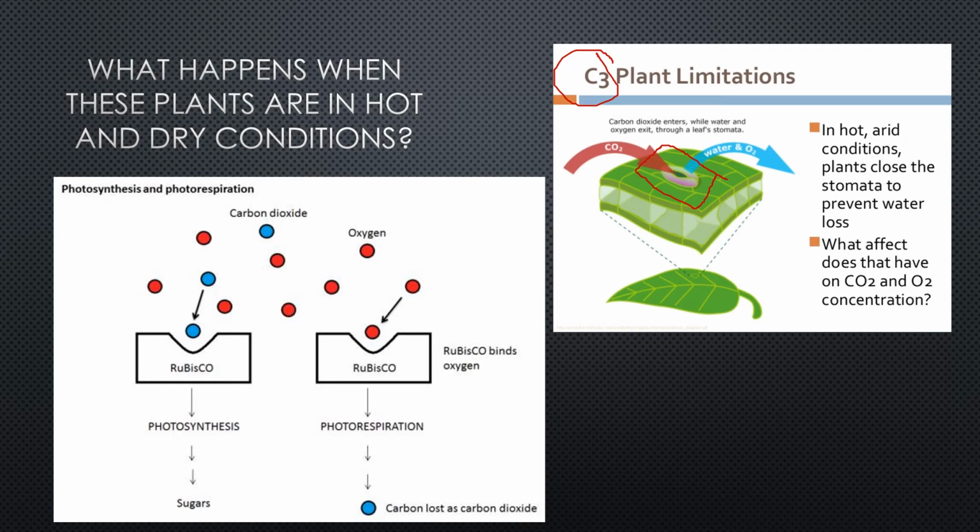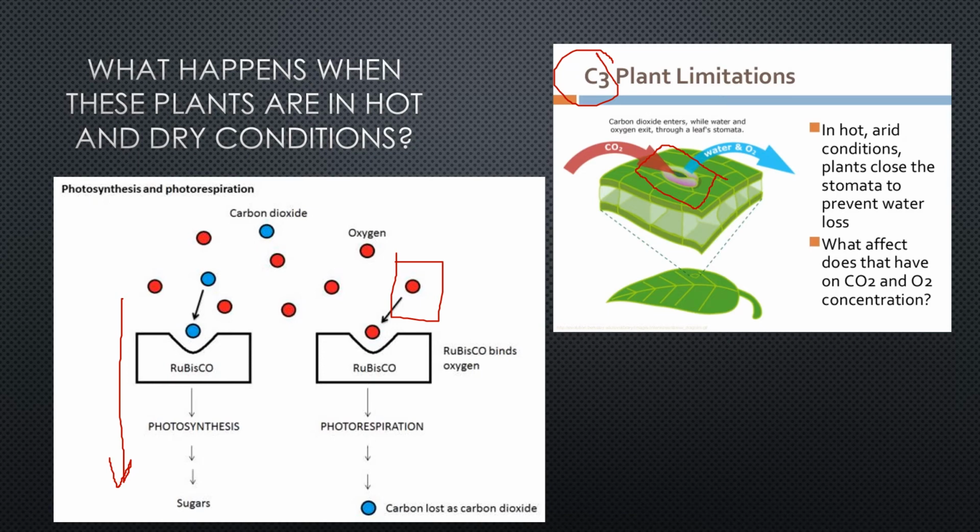So the interesting thing about the Rubisco enzyme is that it can bind carbon dioxide, which is what it normally does in our photosynthesis process, but that active site can also bind oxygen. So when we decrease the amount of carbon dioxide that's available, that's less carbon dioxide to bind Rubisco.